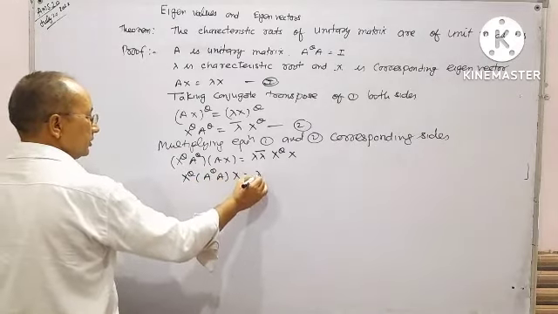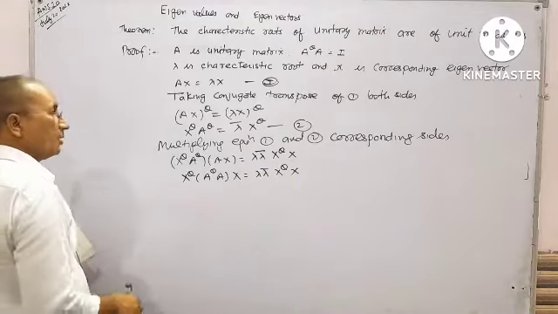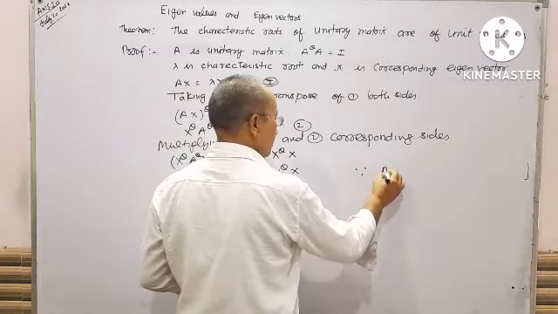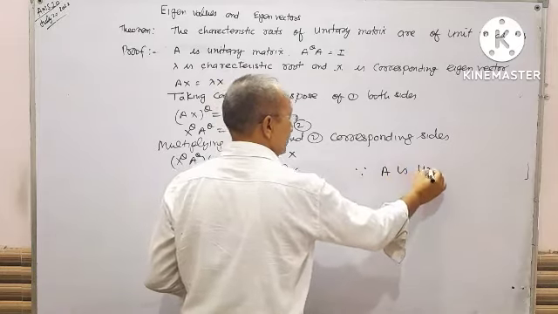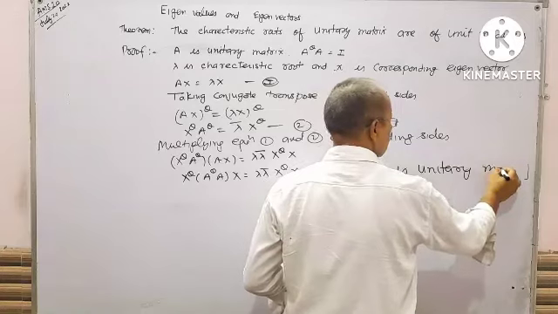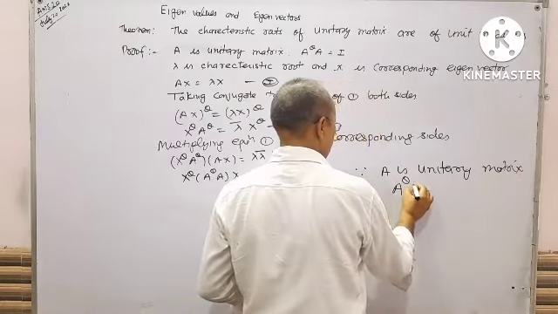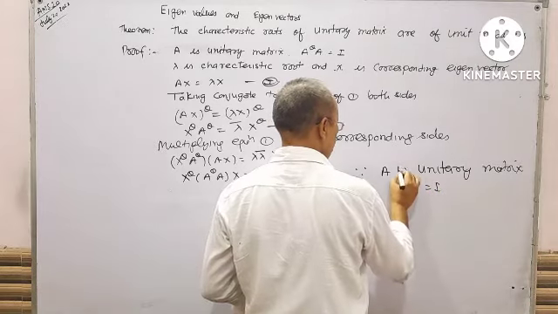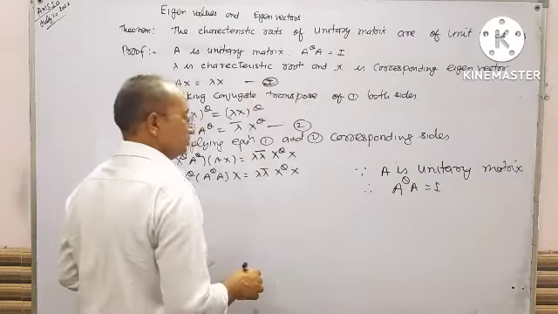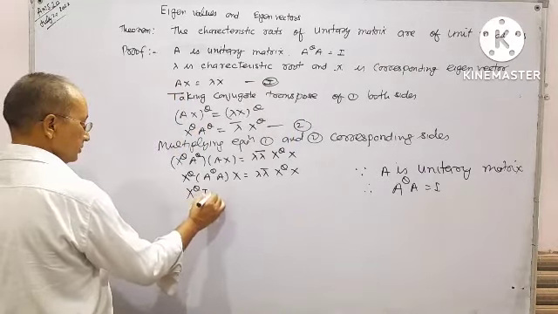We can write lambda conjugate x theta x, because A is a unitary matrix, so that A theta A equals identity. We can use this property.